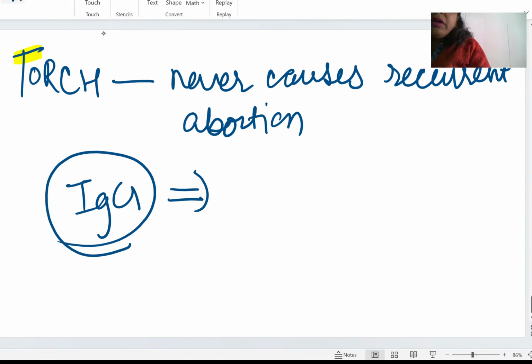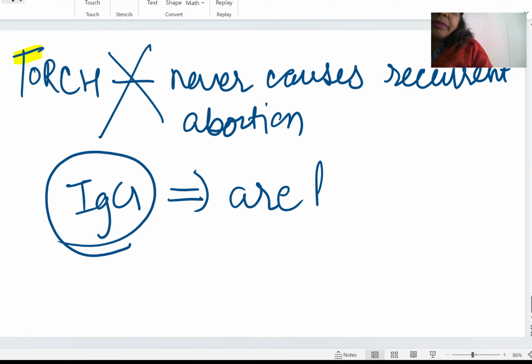So neither syphilis nor torch causes recurrent abortions. They both cause abortion only one time. Now let me see the next question.